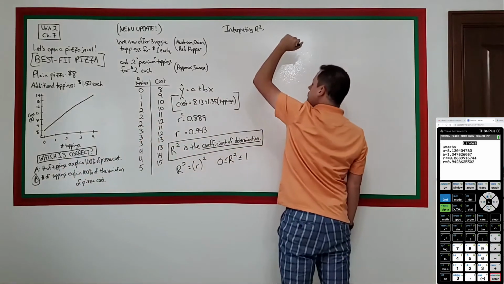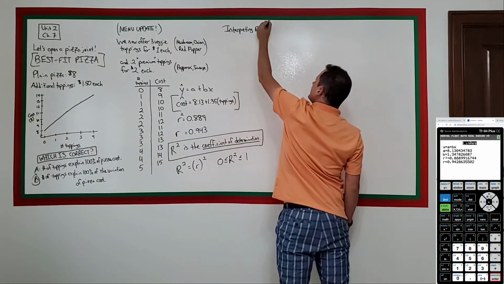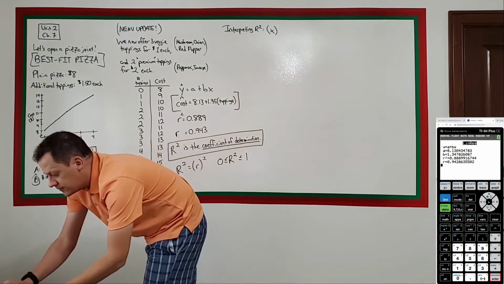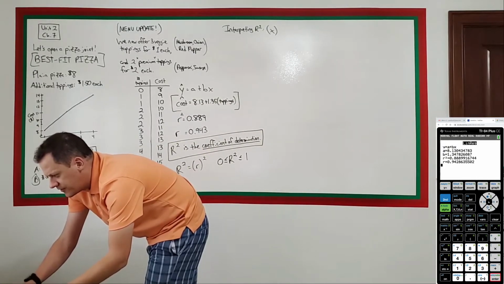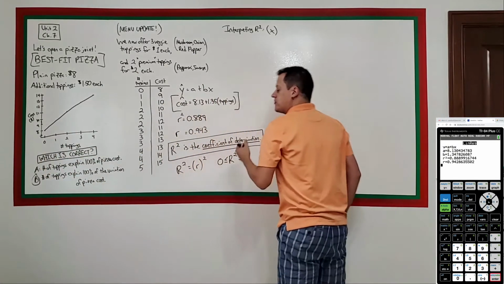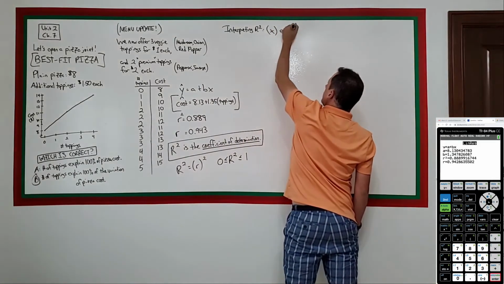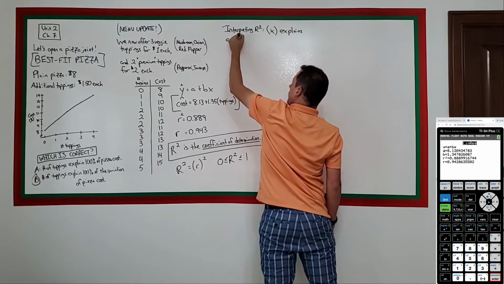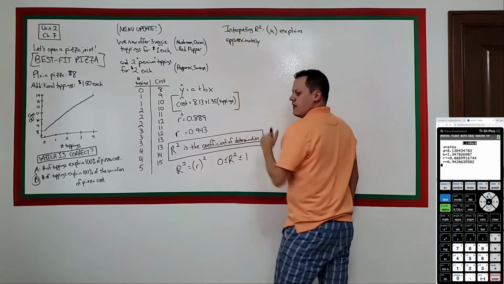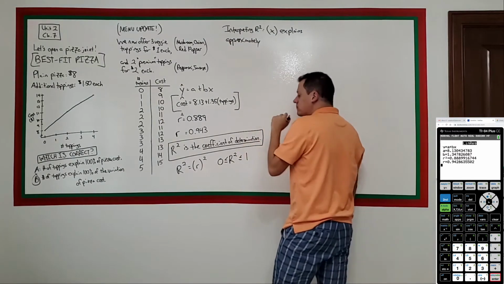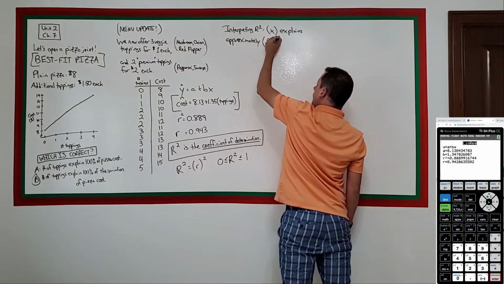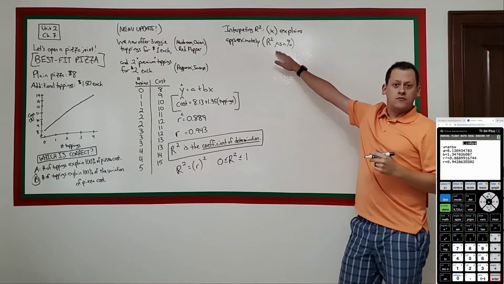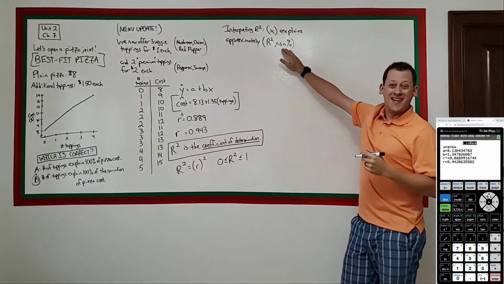So, to interpret this value, we say that the variable x, whatever it represents, explains approximately, and then you will report R squared as a percentage.